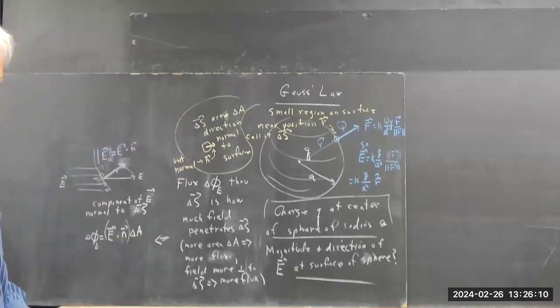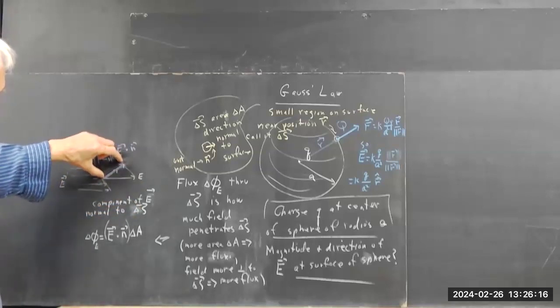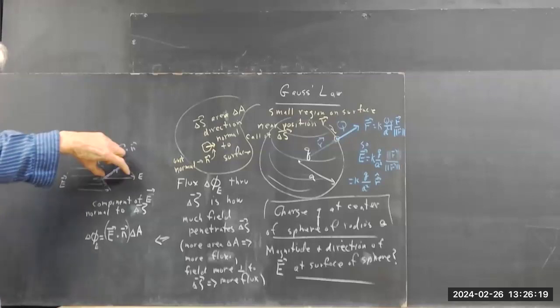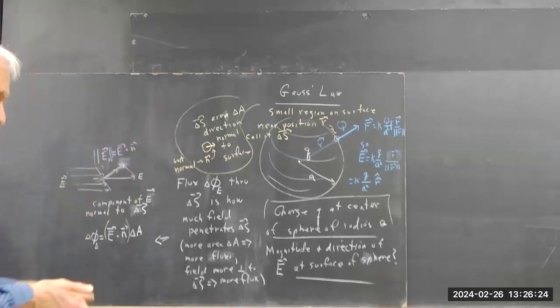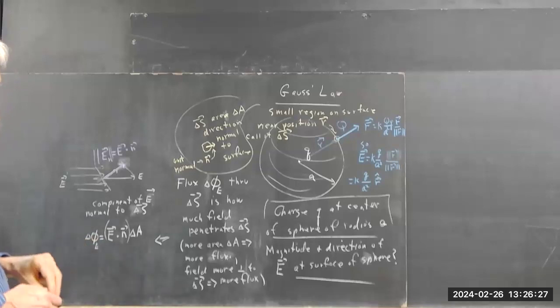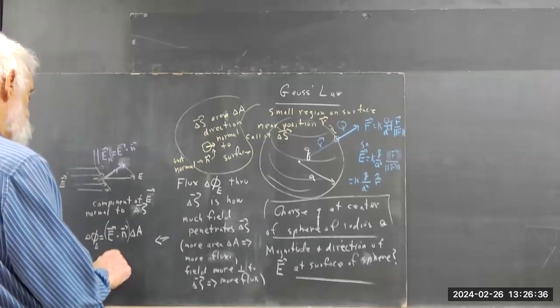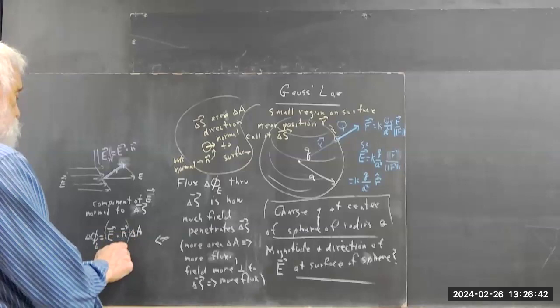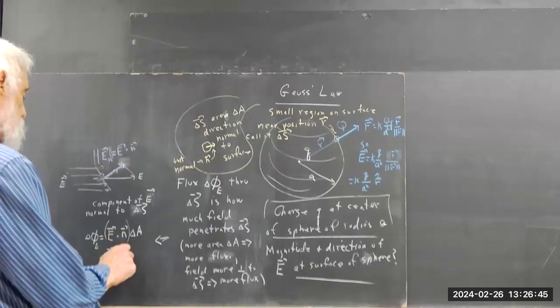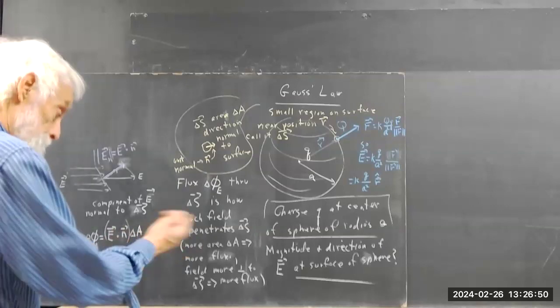Okay? That makes sense. What you're seeing is the electric field is this big, but this is a little bit smaller because not all the electric field is moving in the normal direction. Not all the electric field is penetrating. There are other ways to draw it, but we'll stick with it that way. In any case, here's your definition. If you do E dot N times delta A, that's the same as E dot N delta A. So delta A is just a scalar.